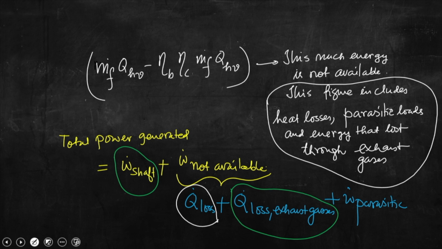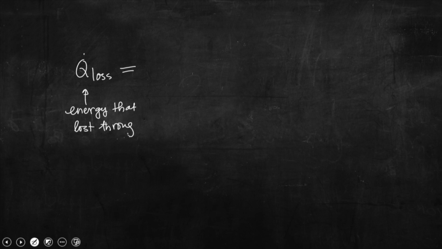Okay. So, if we now look at this quantity Q dot loss, this is basically the energy lost through cylinder walls into the ambience.